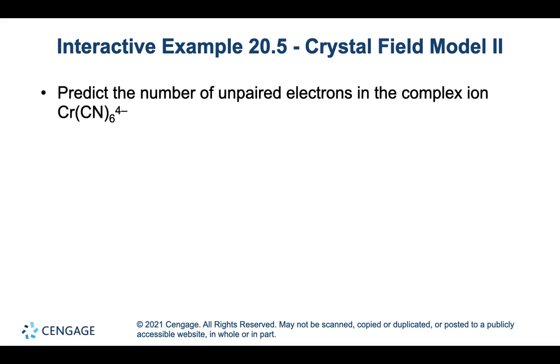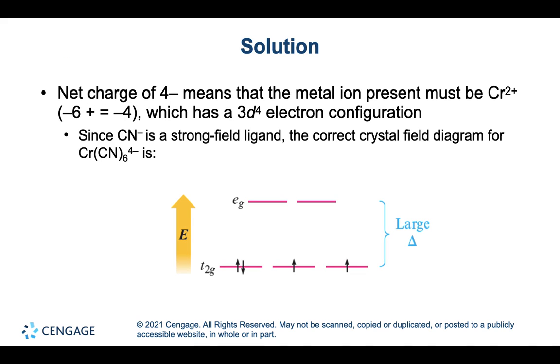So if we take a look at chromium with 6 cyanides and a 4 minus charge, and then predict how many unpaired electrons there are, first of all, the 4 minus charge means the chromium is +2. 6 negatives and 2 positives would add up to -4.